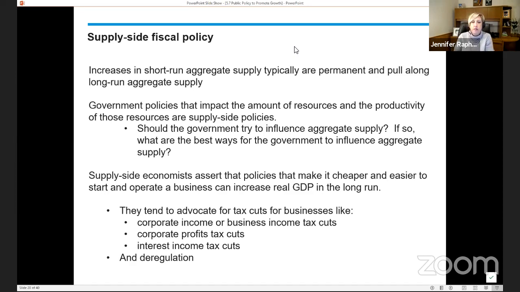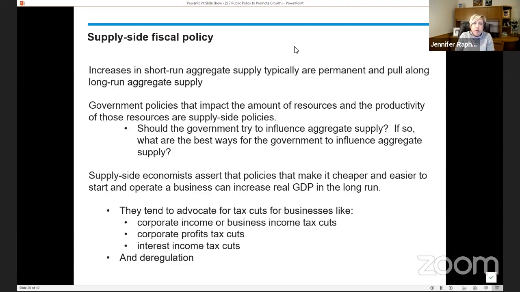So those kinds of discussions are pretty far outside of the scope of your basic principles of macroeconomics course in college, and they're outside of the scope of the AP exam. But you do want to understand that when we talk about supply side fiscal policy, we're talking about those government policies that are designed to influence aggregate supply, designed to increase productivity, designed to increase the amount of workers working in the economy.